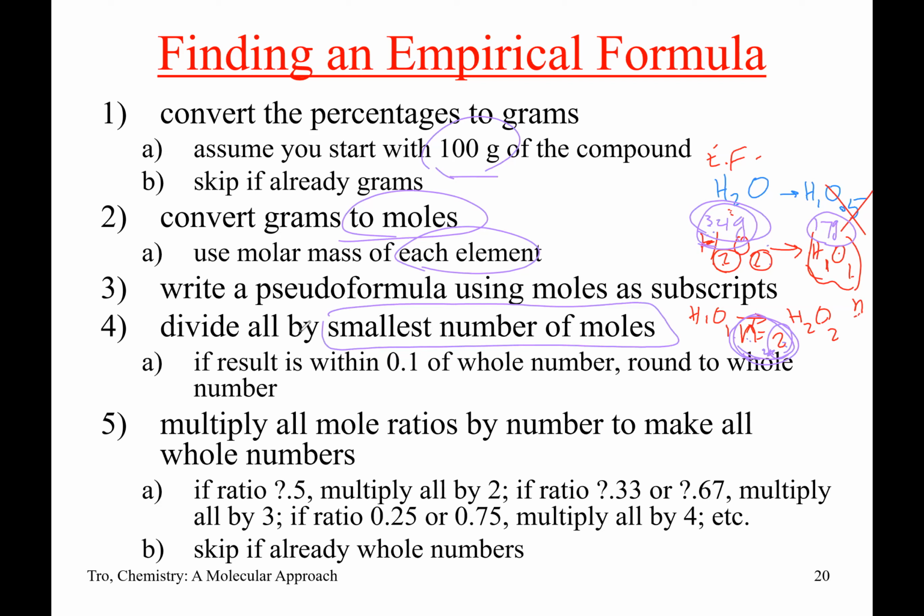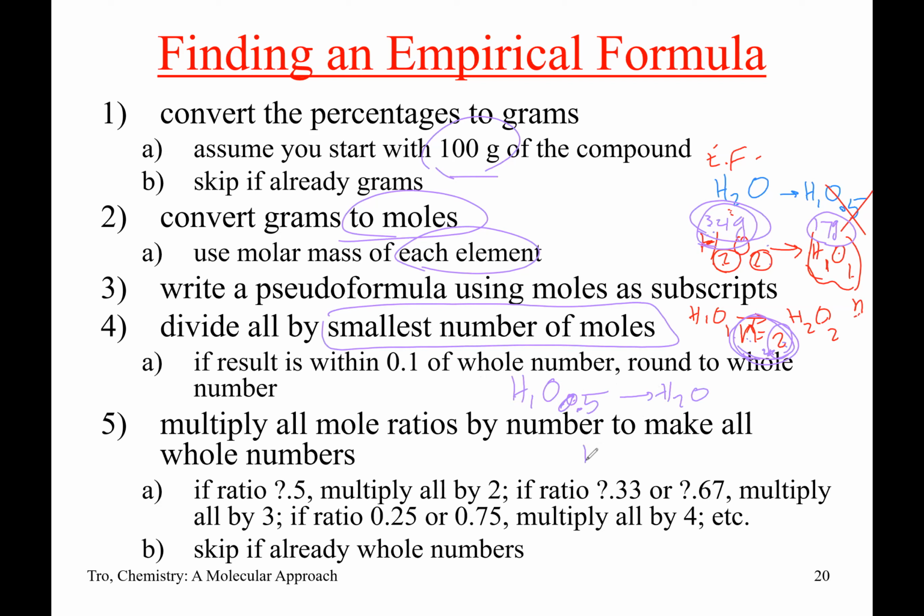So when you have the smallest, you want to make sure that it is a whole number. And if it's not a whole number, you work with them to make it a whole number. So if you have H1 and then O 0.5, this is not a whole number. How can you change this to whole number? You multiply both of them by 2. That is going to go to H2O.